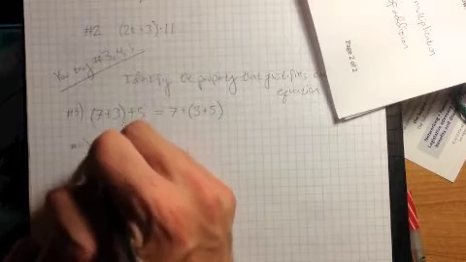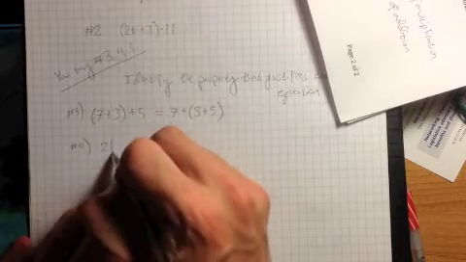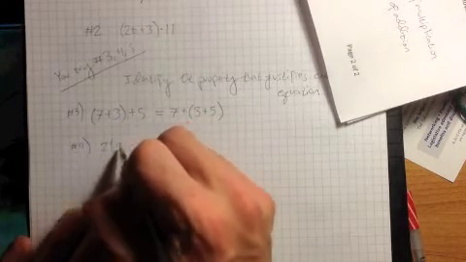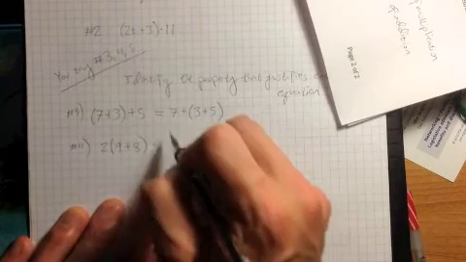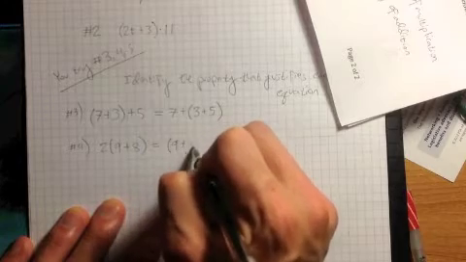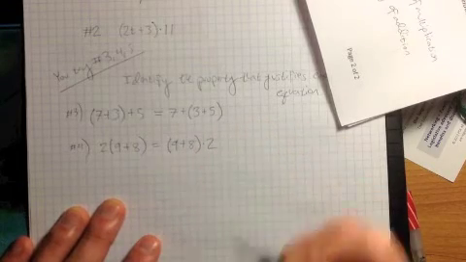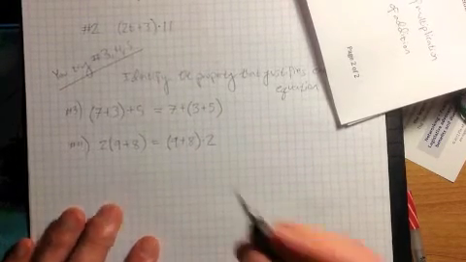Number 4, tell me what property allows me to say that 2 times, in parentheses, 9 plus 8 is the same thing as, in parentheses, 9 plus 8 times 2. What property allows me to say that?